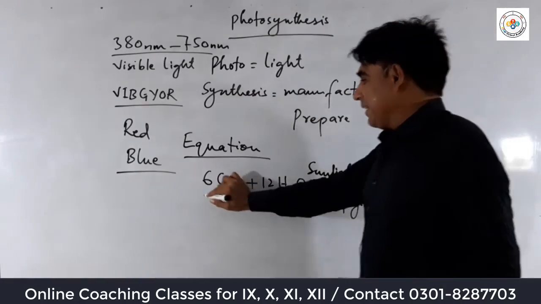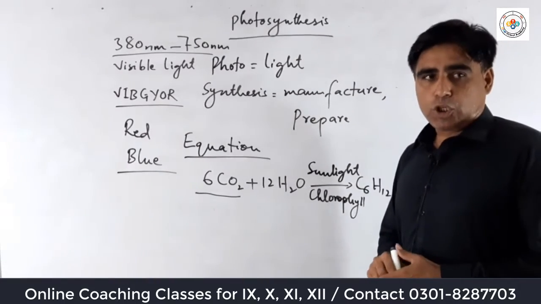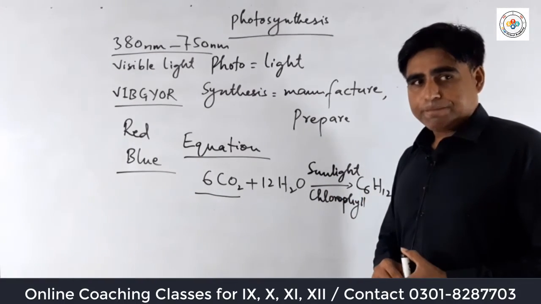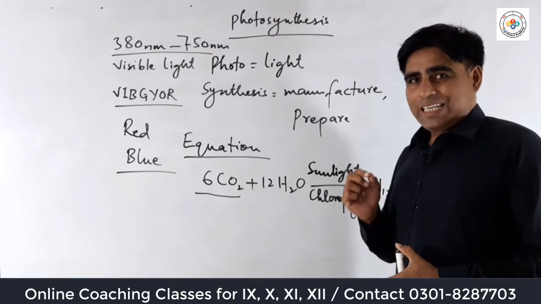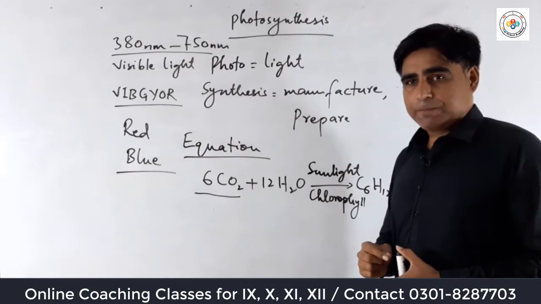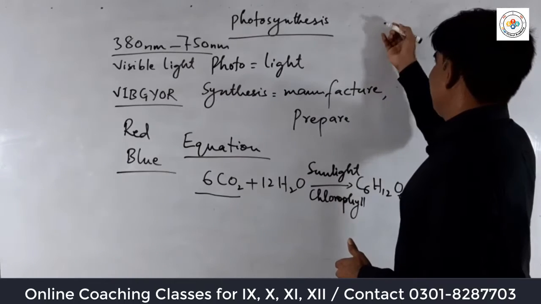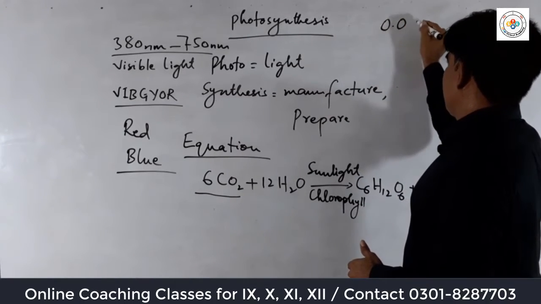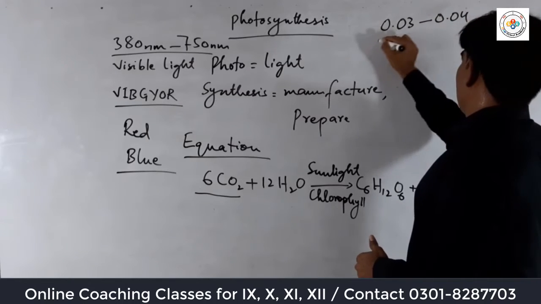Plants gain carbon dioxide from the atmosphere through stomata. May I ask you, what is the ratio of carbon dioxide in the atmosphere? Generally, the ratio of carbon dioxide in the atmosphere is 0.03 to 0.04.